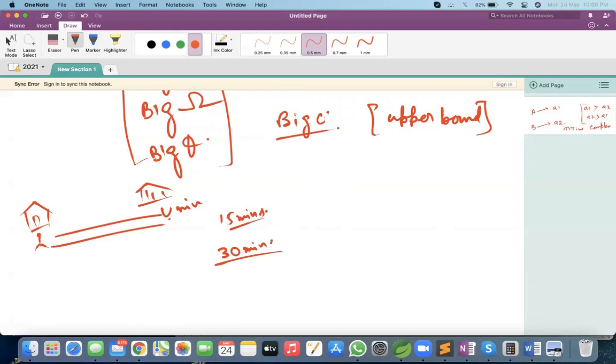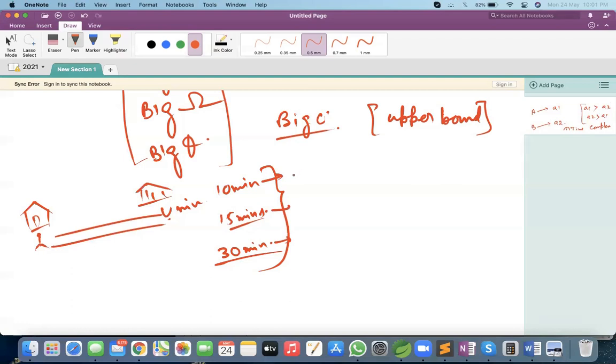Now I give you one more scenario: what is the minimum time it will take? Let us assume the road is clear, no signal, everything is green. You say 10 minutes. So can you see, now we got three different times, right? 10 minutes, 30 minutes and 15 minutes.